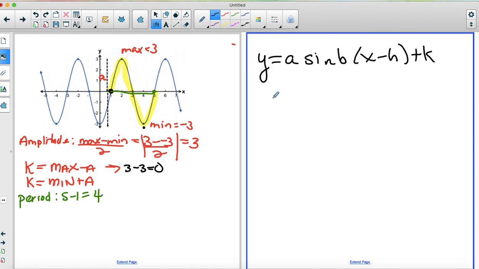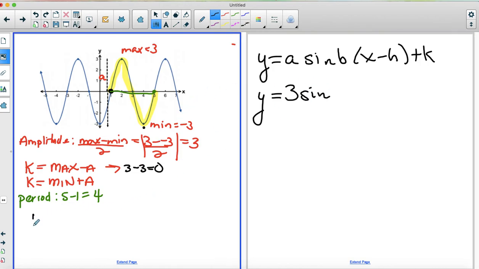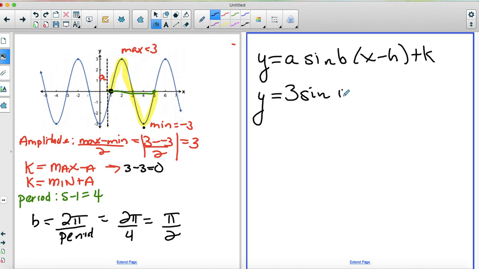Okay, so we know our A. Our A, we said, is 3. We know that B is going to be defined by 2 pi over the length of the period. And since we know the period, it's 2 pi over 4, and you're going to be able to reduce that. So in the place of b, you put pi over 2, x minus the 1, and there's no k, it's actually 0, so you can just not even write that.